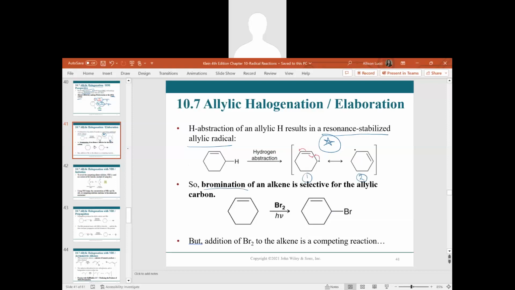But we have to note that if we use Br2, there is also an alkene addition reaction across the pi bond. Remember that reaction from chapter 8? That will be a competing reaction.